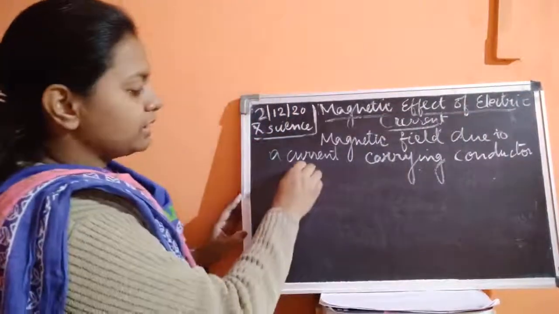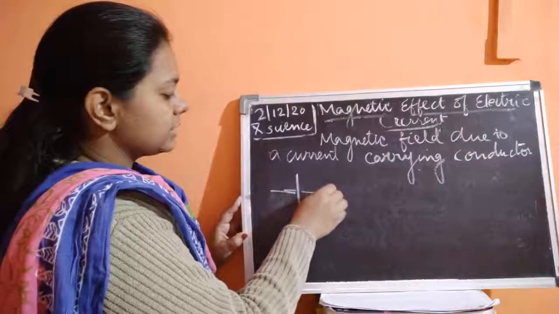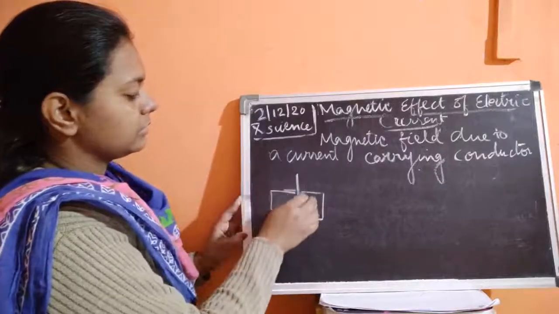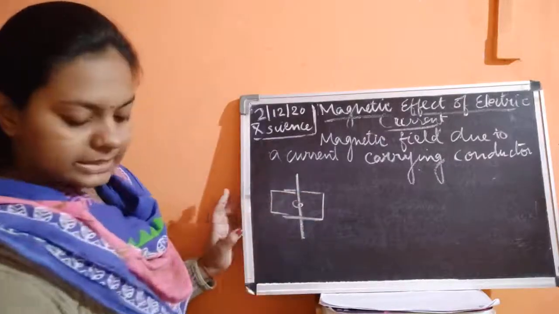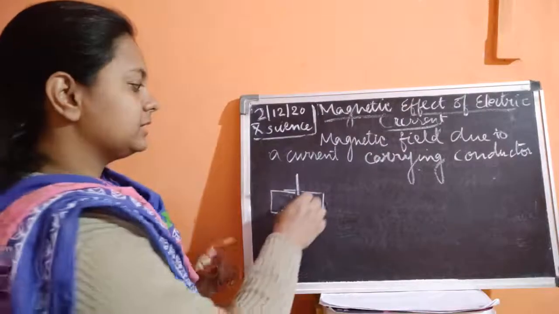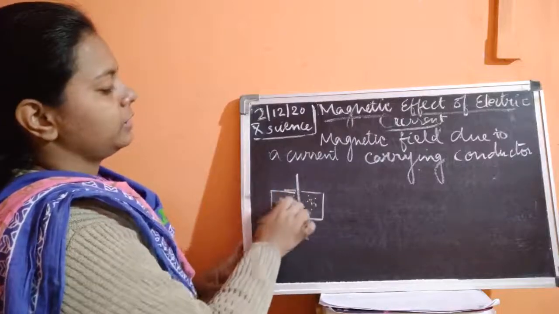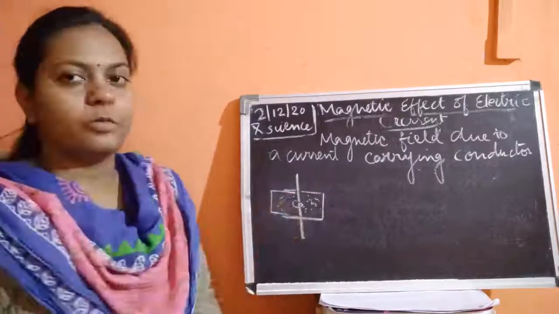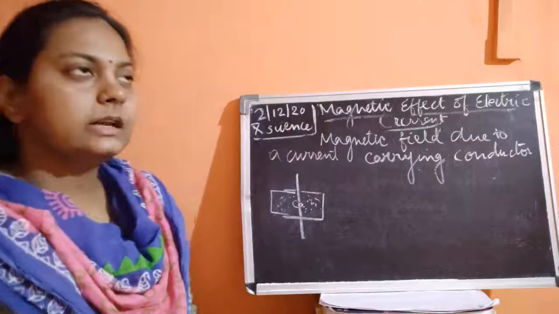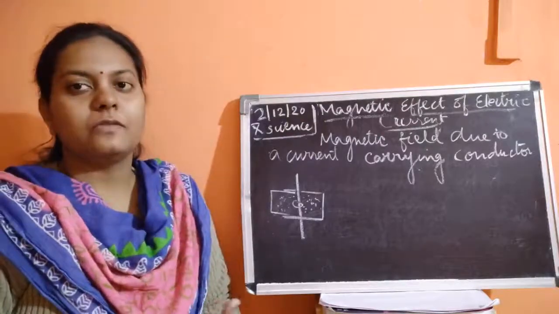You will take one straight current carrying conductor, put it inside a cardboard, and sprinkle some iron filings over here. What are iron filings? Iron filings are the powder of an iron object, the scrapings of an iron object.